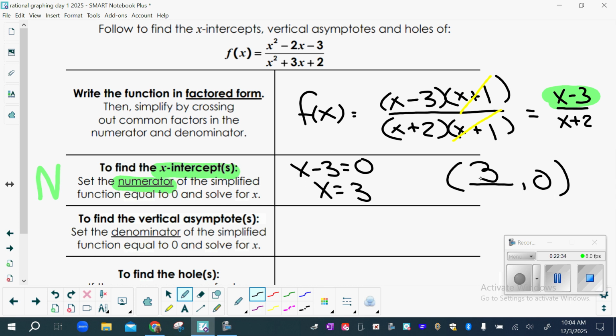Boom. You just found the x-intercept. Done. Some of you are going to get really fast and ask, can I just do that in my head and say negative 3 is positive 3? And my answer is, yes, you can. Step 1 done.